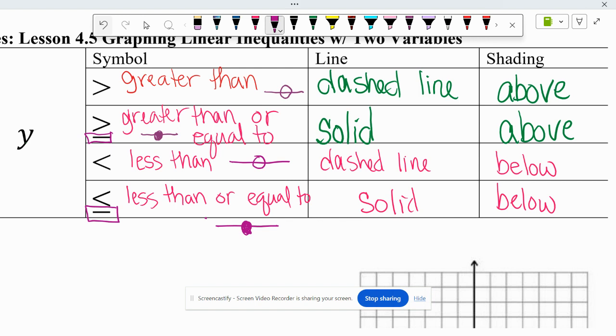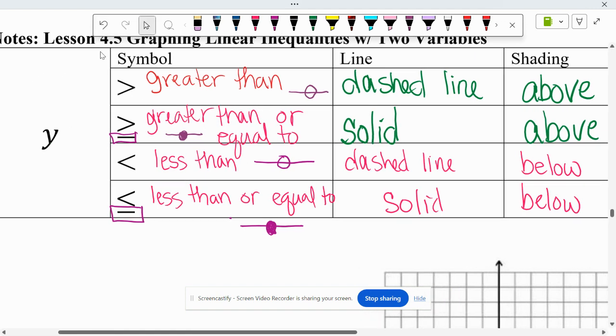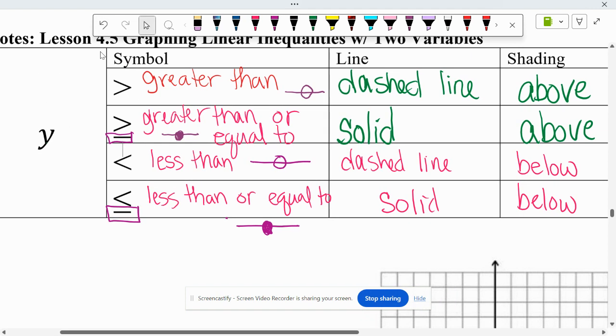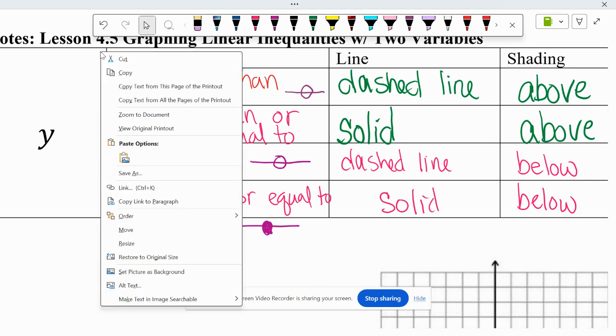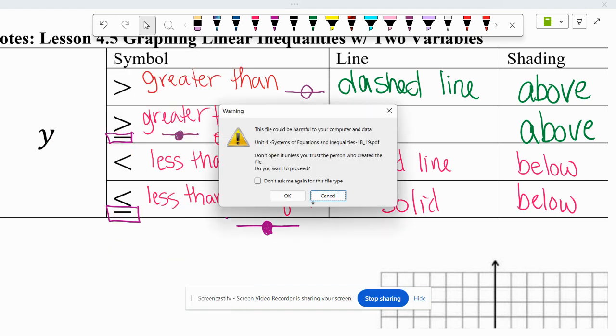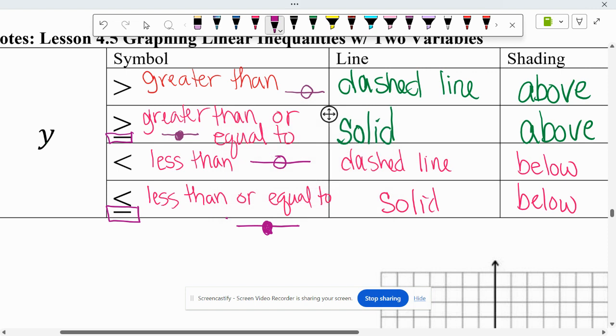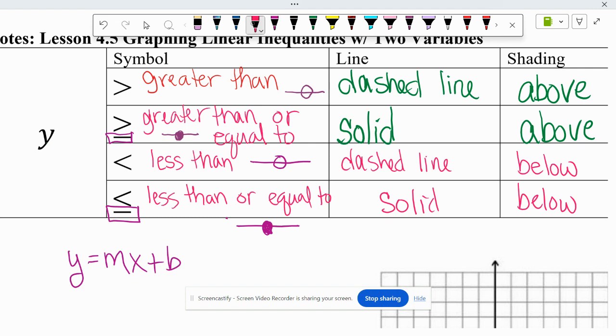It's telling you that you need a solid line or a closed circle. So we're going to graph linear inequalities, and we're going to write all of our equations in this form, y equals mx plus b. The only difference is that our equal sign is actually going to be an inequality.